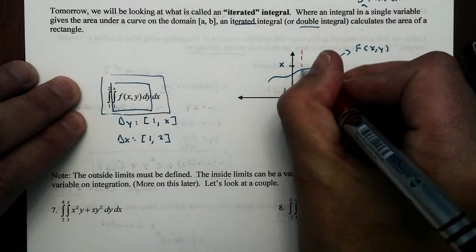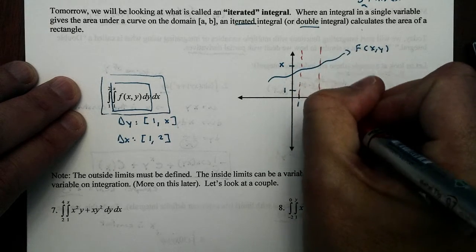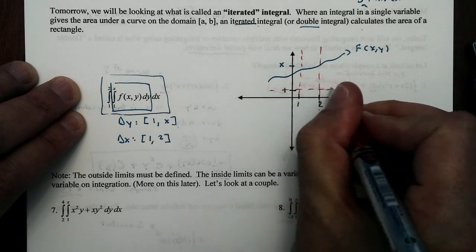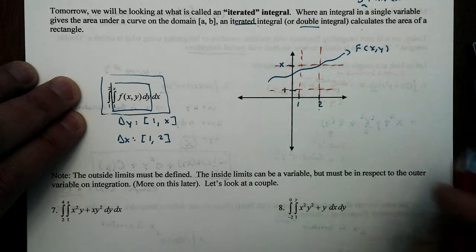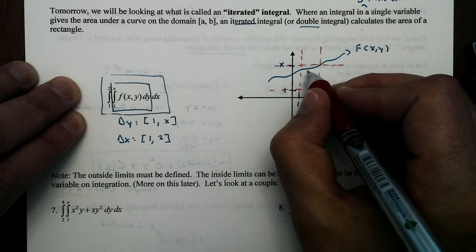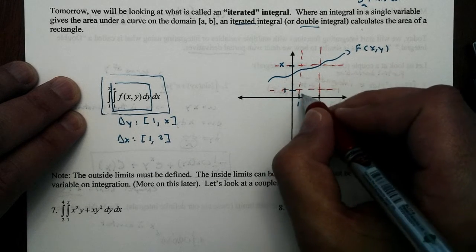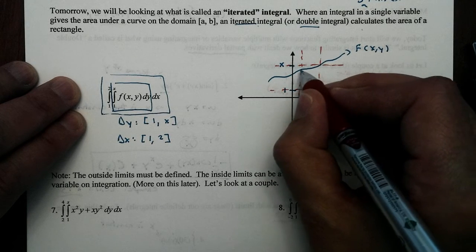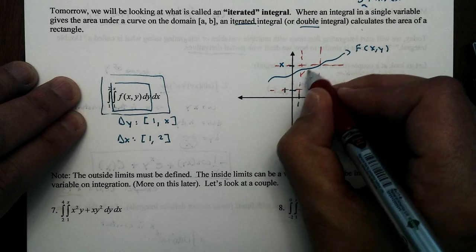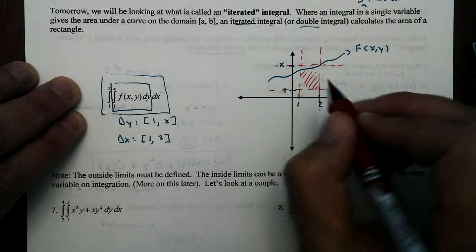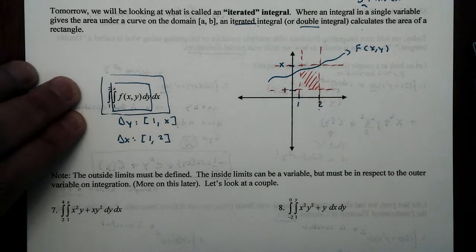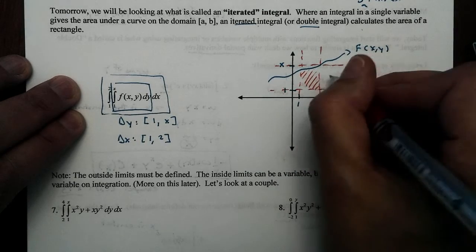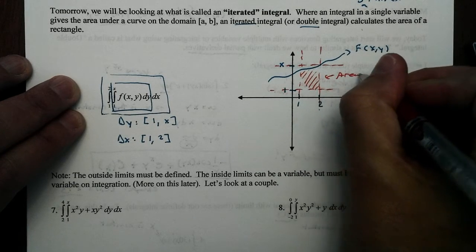If I draw a rectangle going through here, what we're looking for is the area underneath this curve, but above 1. So we're looking for the area in this rectangle that is below that curve. This would be the area we are trying to find.